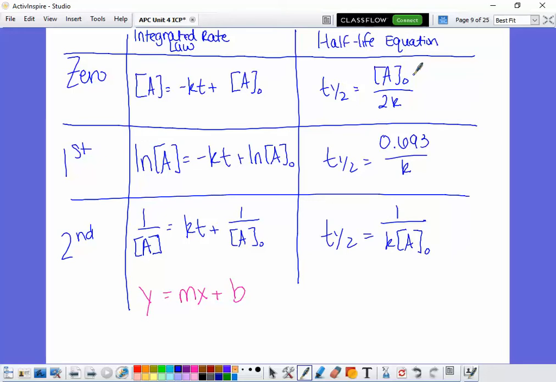For second and zero order, the actual length of half-life changes depending upon how much you have remaining. So each time you go through a half-life for zero or second order, the length of time it takes for the next half-life is different than what it just took. First order, the length of half-life is going to be constant the entire time.